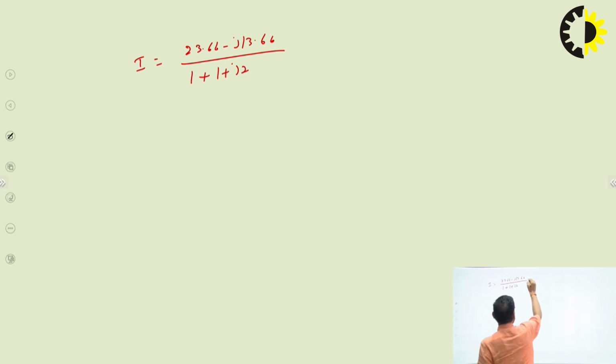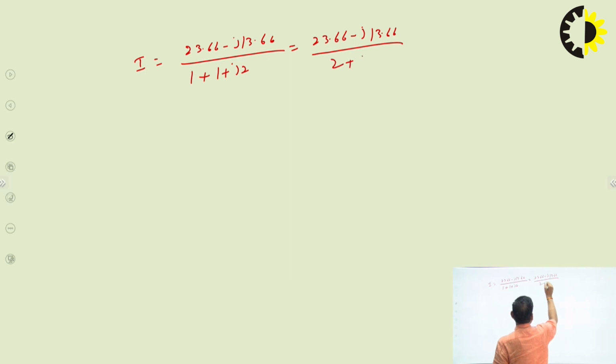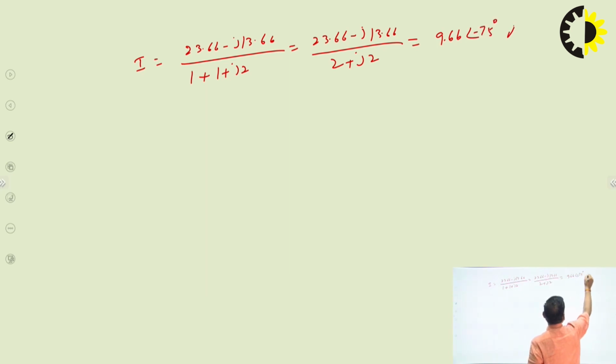So it is 23.66 minus J13.66 upon 2 plus J2. You can check, this value is coming 9.66 angle 75 degree ampere.